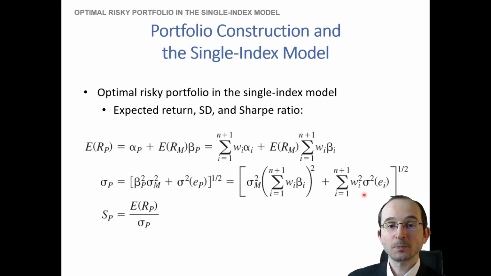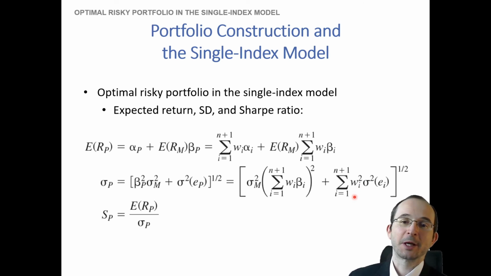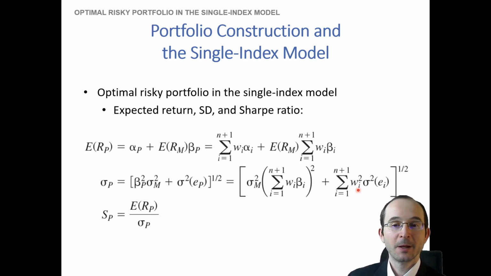And if we want the variance, then we need to essentially calculate the sum of the squares of those weights. Because remember, technically what we want is the expected value of the squared deviations from the mean to get a variance. Well, if the expected value of each of the firm-specific components for each of those individual firms in our portfolio is 0, then we're really just taking the square of whatever the variance happens to be.